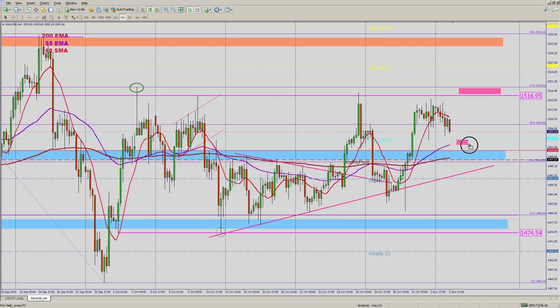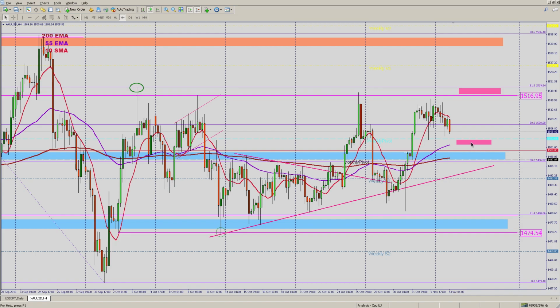Let's also identify this area now as the next intermediate support zone, between the 55 period EMA just above 1501 and the weekly pivot. And of course there's a key support below that at the 1500 and the 200 EMA, as well as the monthly pivot, which is at 1497.07.